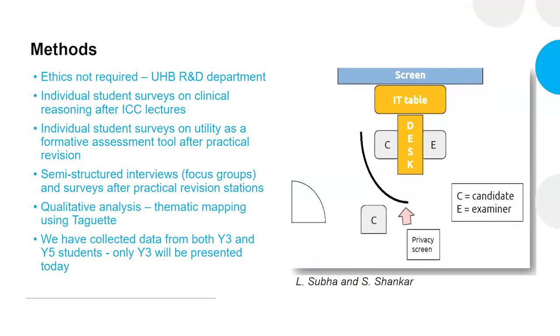As you see in the diagram, it was designed as a typical OSCE station where the candidate would sit outside for 2 minutes reading the prompt provided. After 2 minutes, they would enter the OSCE station itself.